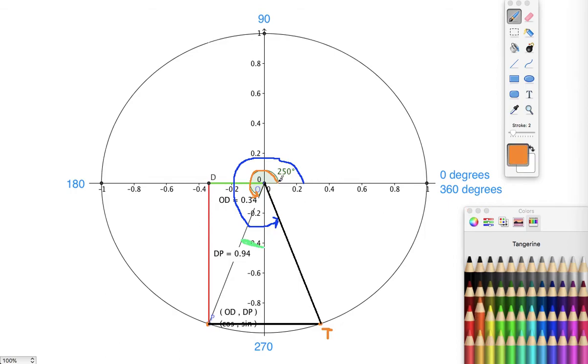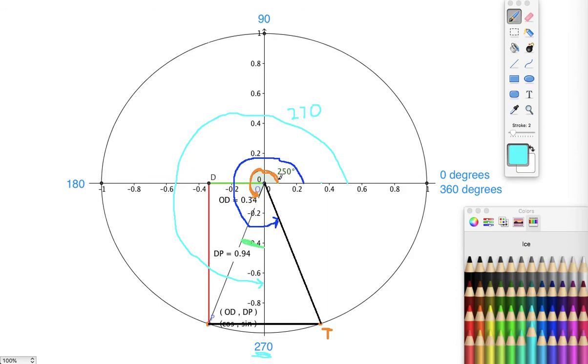Well, my orange degree from here to here, that's 250. And my blue degree from here to here is equal to the 270.